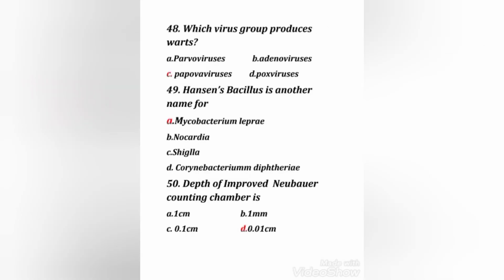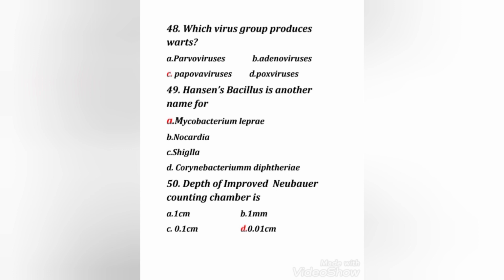Next question. Which virus group produces warts? Parvoviruses, adenoviruses, papovaviruses, poxviruses. And the right answer is option C, papovaviruses. There are two genera, papillomavirus and polyomavirus. They are non-enveloped double-stranded DNA viruses. Next question. Hansen's bacilli is another name for Mycobacterium leprae, Nocardia, Shigella, Corynebacterium diphtheriae. And the right answer is option A, Mycobacterium leprae.